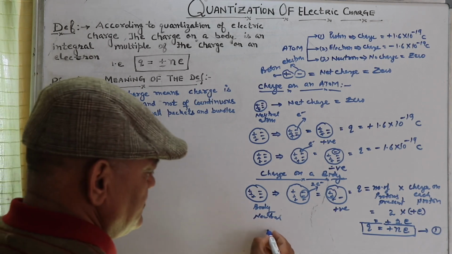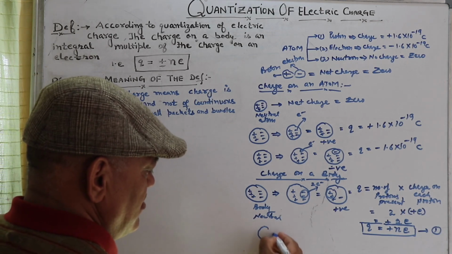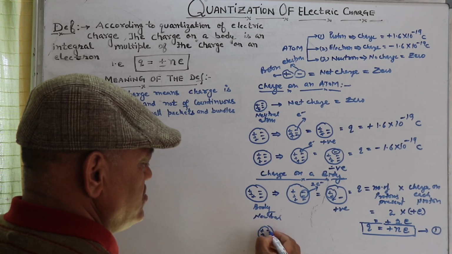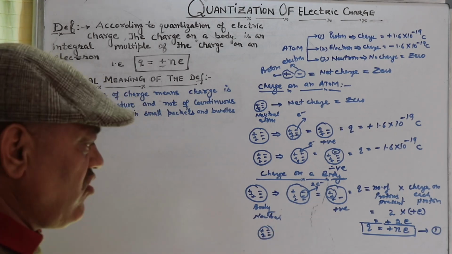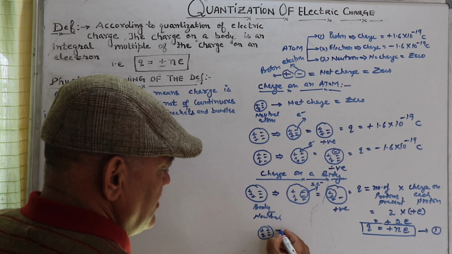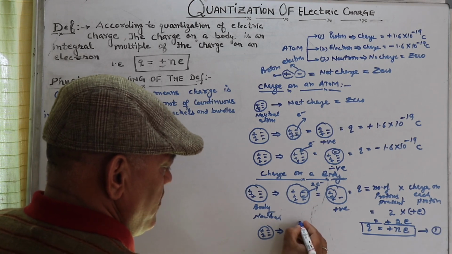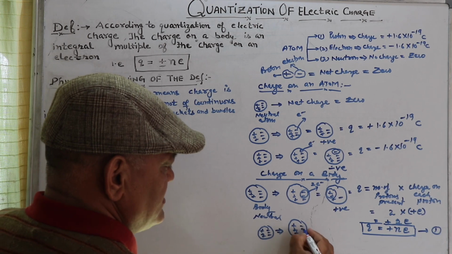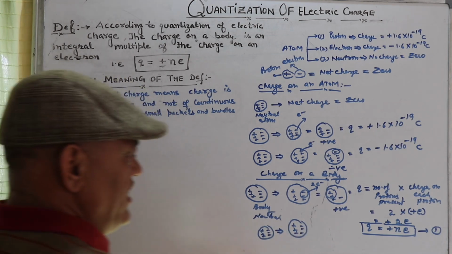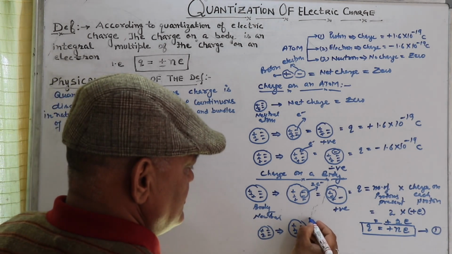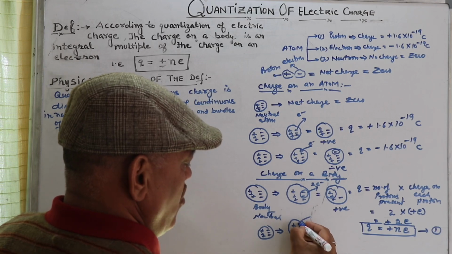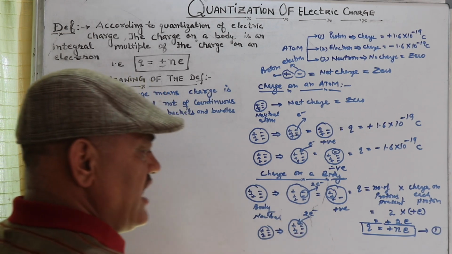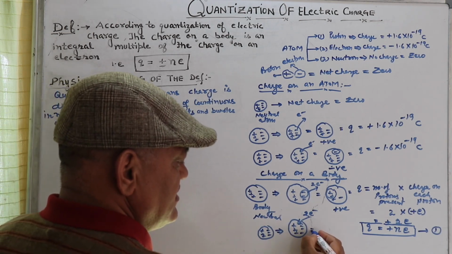Now again we will consider this body which has 3 protons and 3 electrons. Now this neutral body gains 2 electrons from outside.